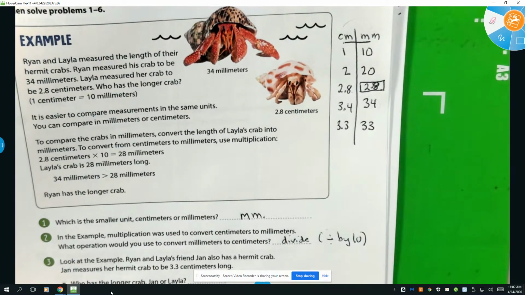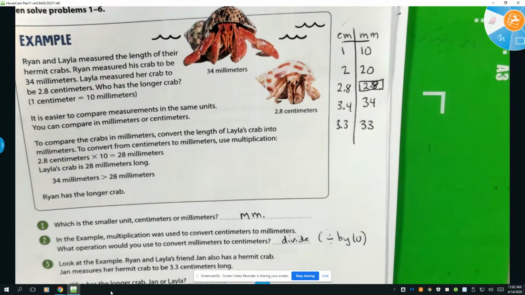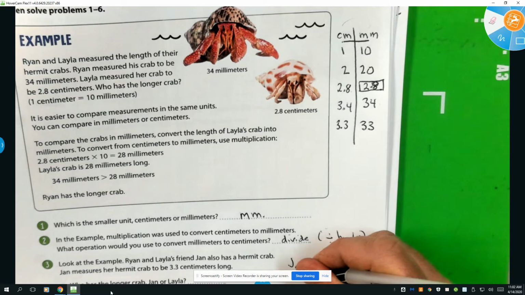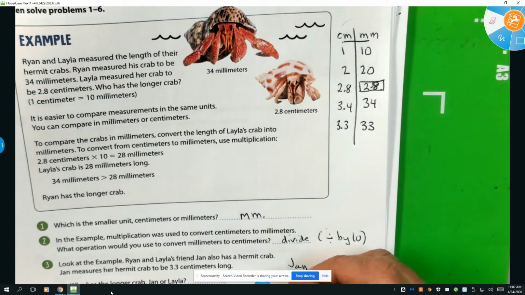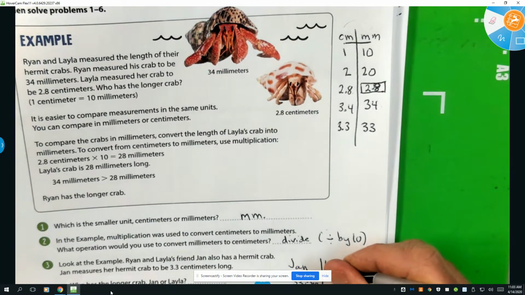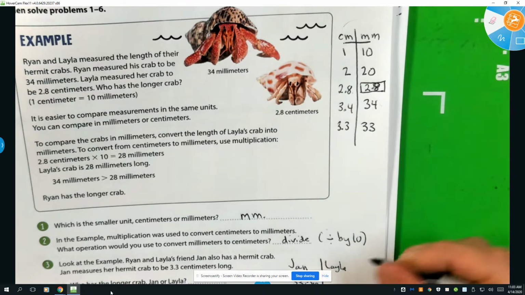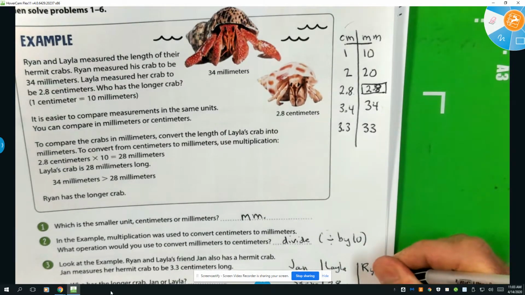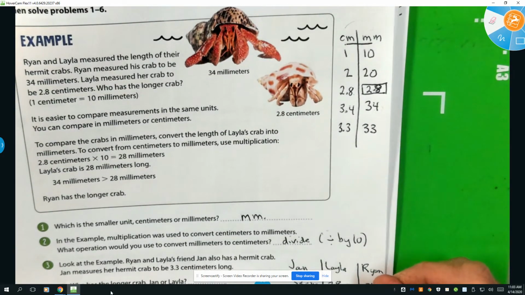Who has the longer crab, Jan or Layla? Well, let's just write these down. Jan's is 33 millimeters. Layla is 28 millimeters. And Ryan is 34.